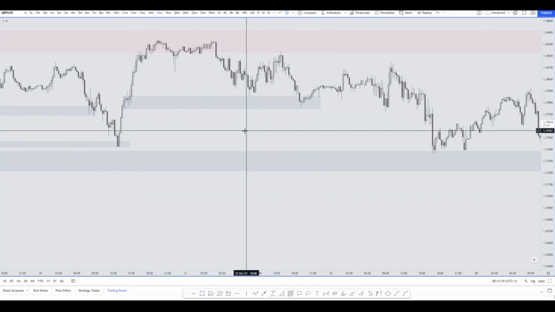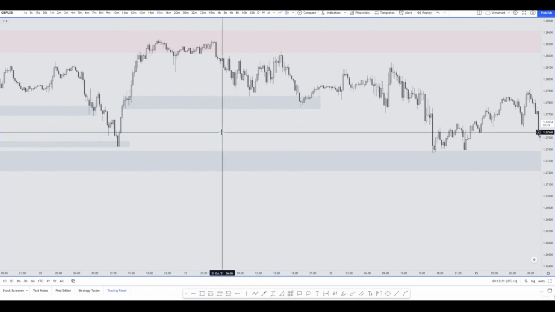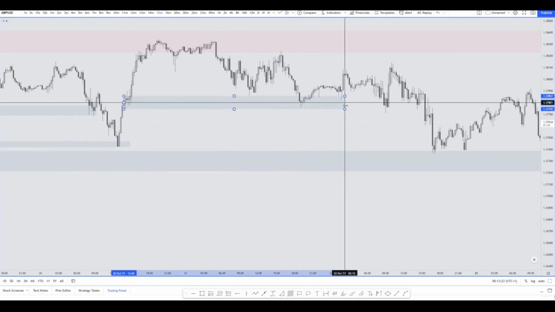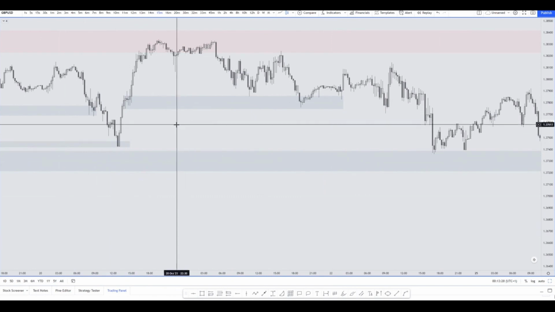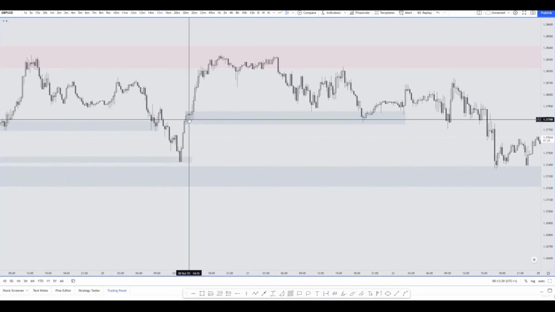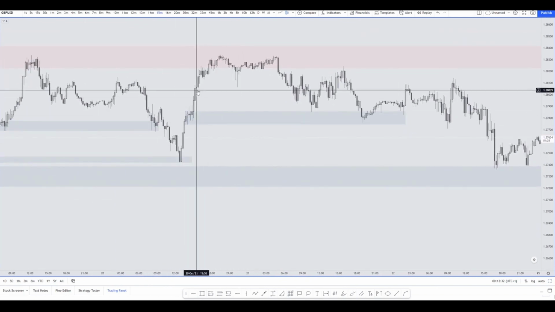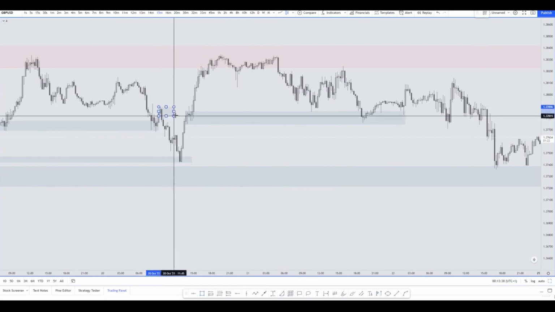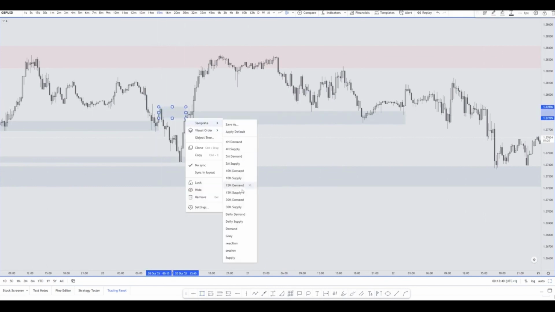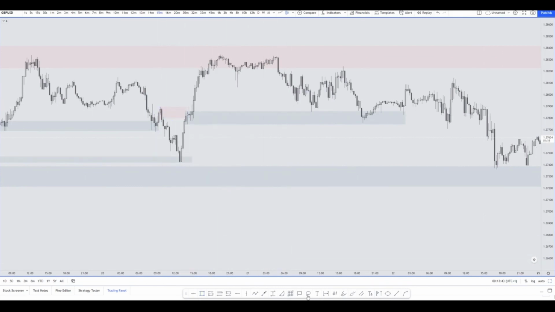And the question you're going to ask yourself is, why are certain zones stronger than others? And the easiest way I can explain it is, what did that supply or demand do? Was that just a supply or demand that created some new substructure, or did it barely do anything? Or was there a flip zone where the demand ultimately took control from supply?